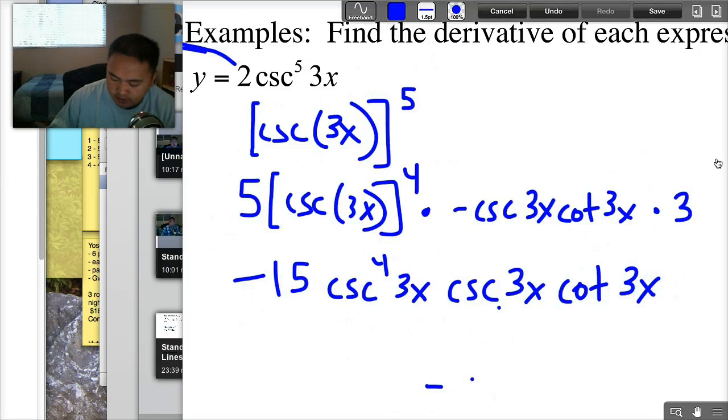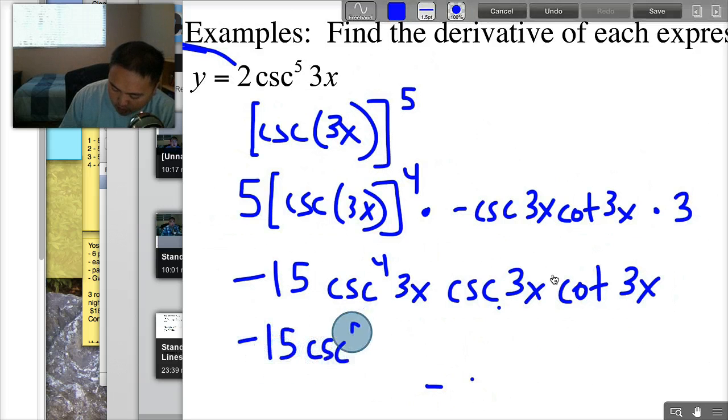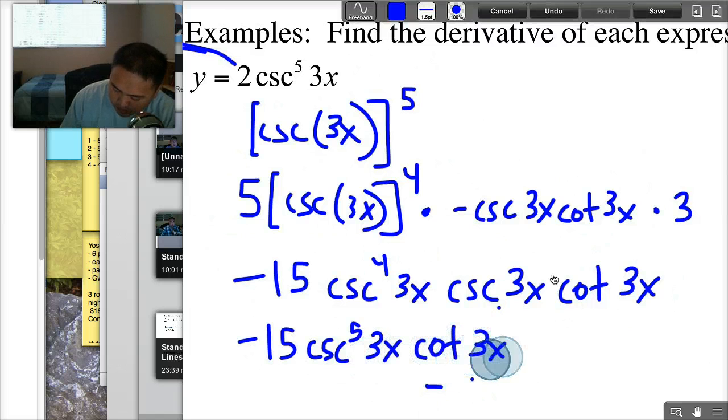You may notice now that I have a cosecant 3x to the 4th power, and I have another cosecant 3x here that I'm multiplying by, so I can combine those also. Negative 15 cosecant of 3x to the 5th power times cotangent 3x.